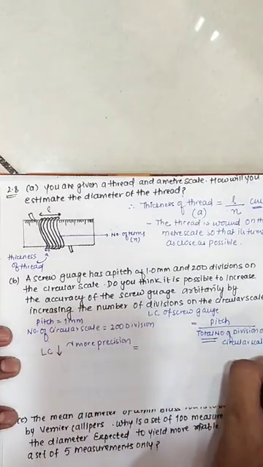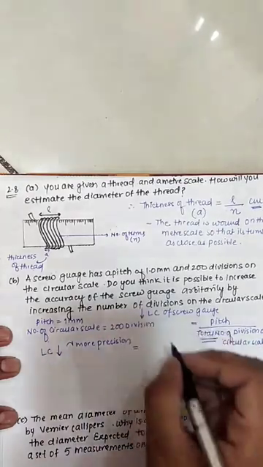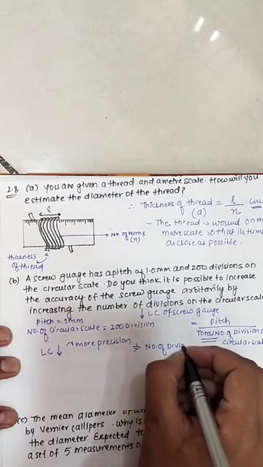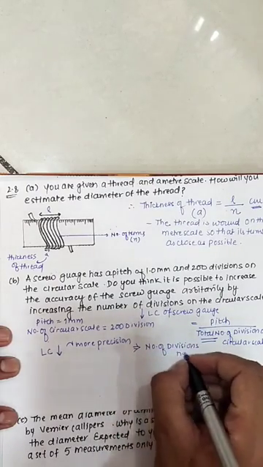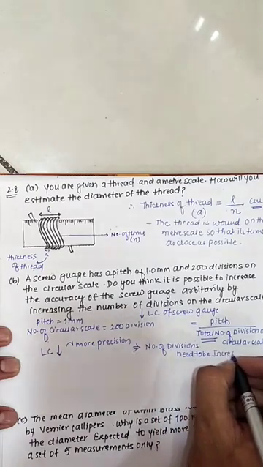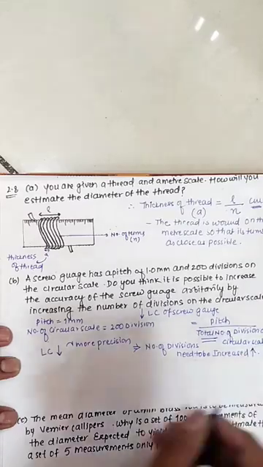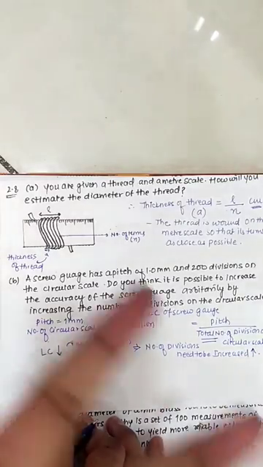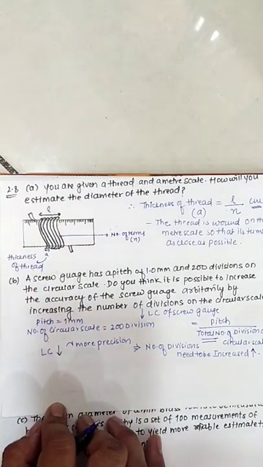In order to decrease LC for more precision, the number of divisions needs to be increased. Yes or no? But see, there is a physical limitation over here. How big a circular scale can you prepare? There is a limit, no?